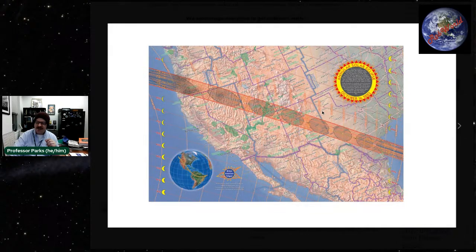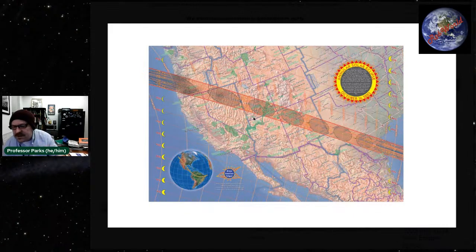If they are outside this line, these lines correspond to an 85% partial solar eclipse, 80%, 75%, and so forth. So almost all of the United States, except possibly the Northeast, will have the ability to see a partial solar eclipse on October 14th, if it's clear. But if you're in here, you will be able to see an annular solar eclipse.